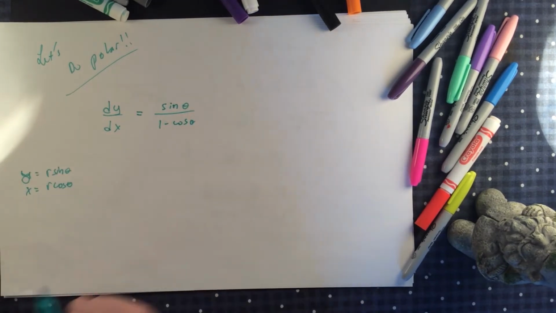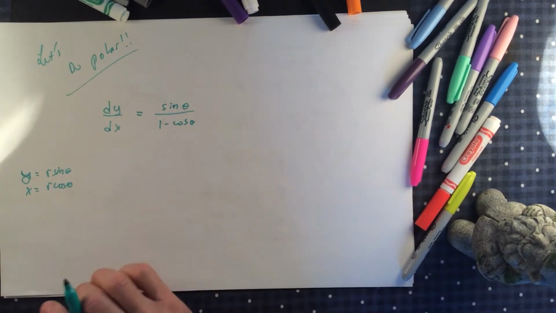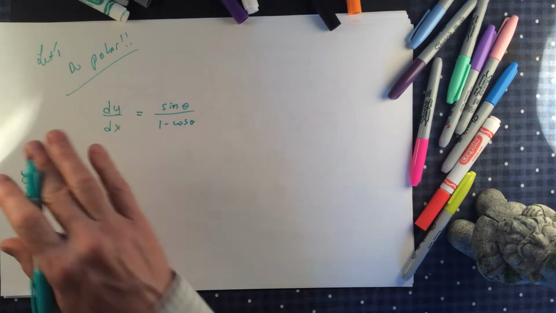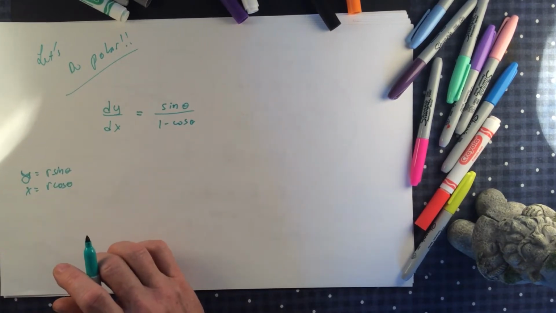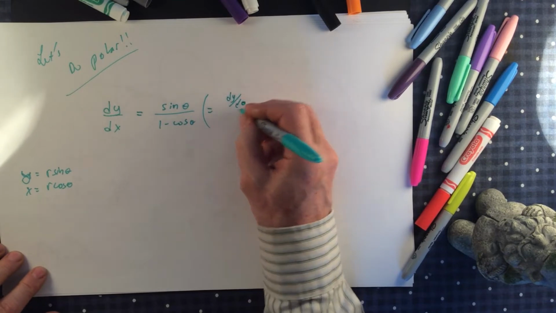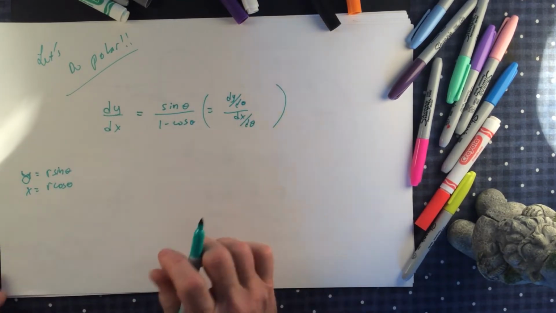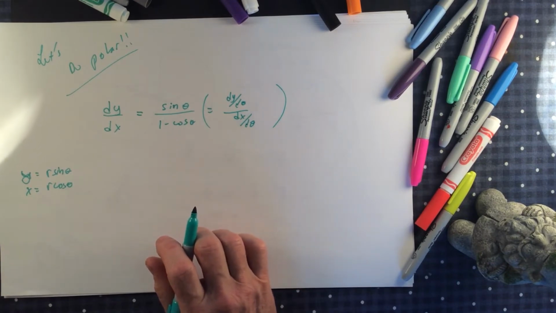That's the result of the polar derivative converted to rectilinear form. So where did that come from? That came from dy d theta over dx d theta and its subsequent simplification.